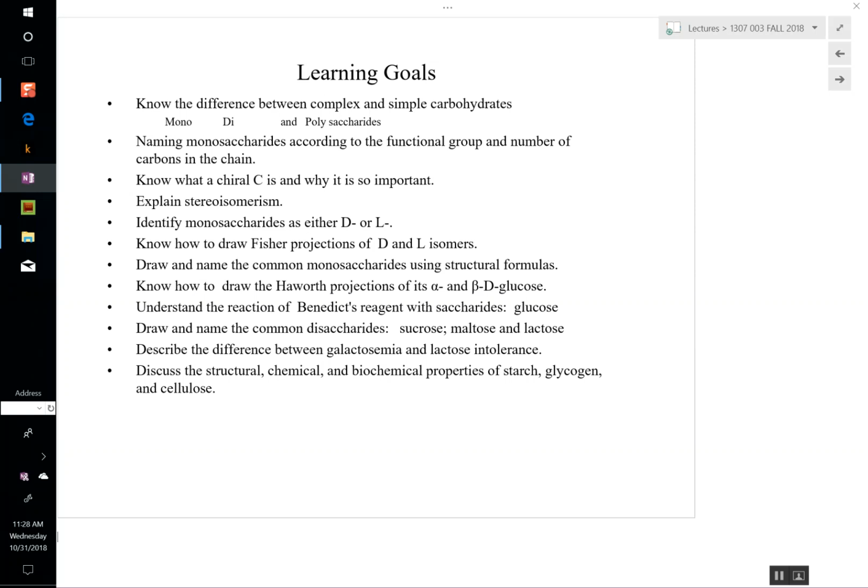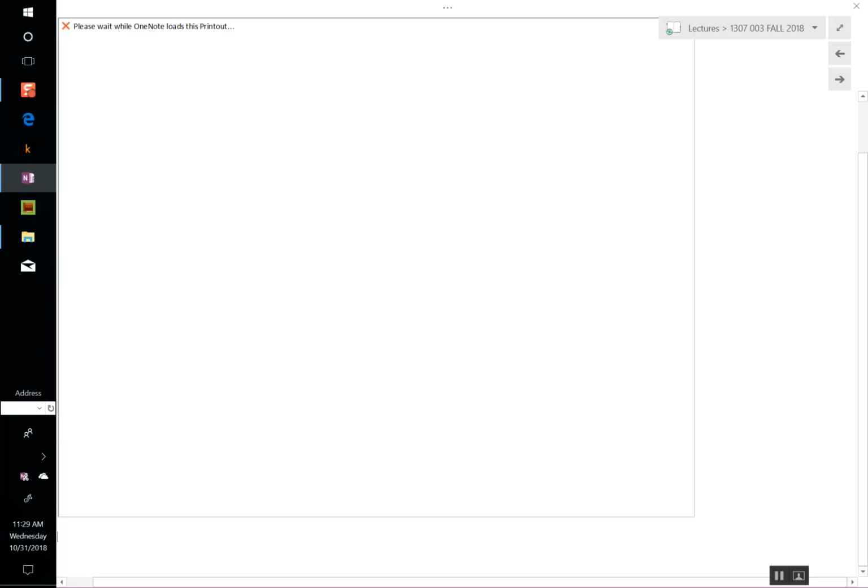The Fischer projection relates to the saccharide when it's in the chain or open form, and the Haworth projection is when it cyclizes into a ring. How do you draw that? We're going to learn those things. Benedict's reagent. Common disaccharides: table sugar, maltose, lactose. So that's a summary of what we're covering in this chapter.